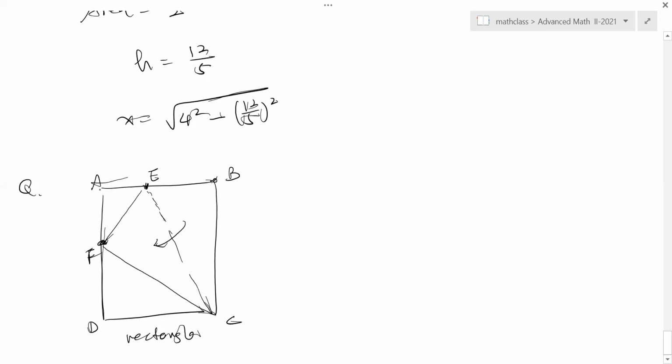Okay, we are given the information. If this side is 3, this side is 4, can you determine the dimension of the rectangle? Find the AB and AD.